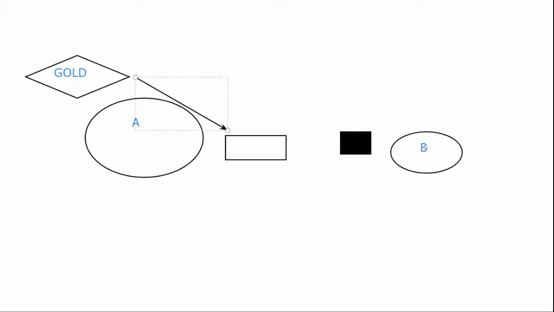But country B, being the small economy, backs or pegs its currency to the currency of A, not gold.